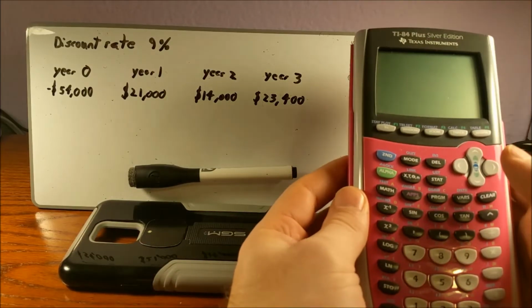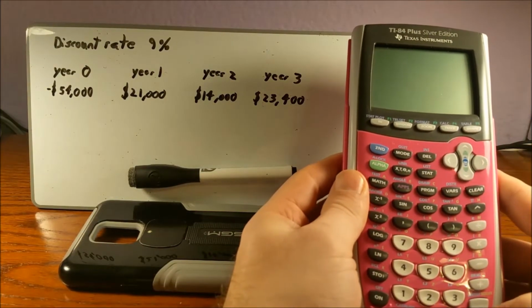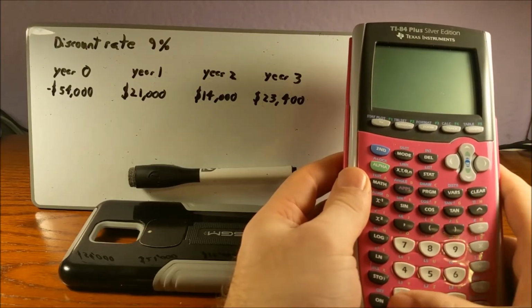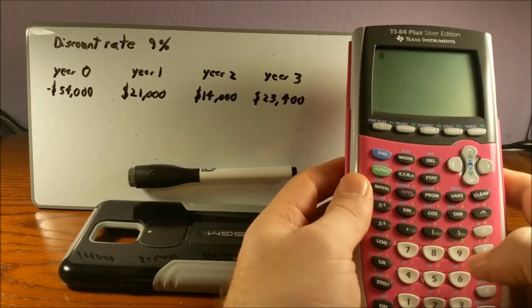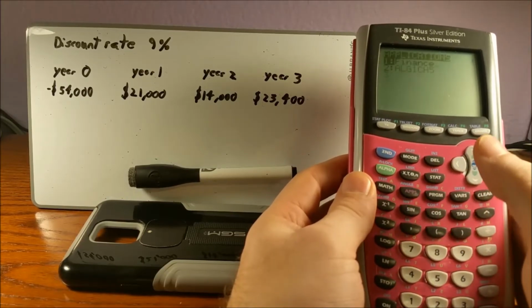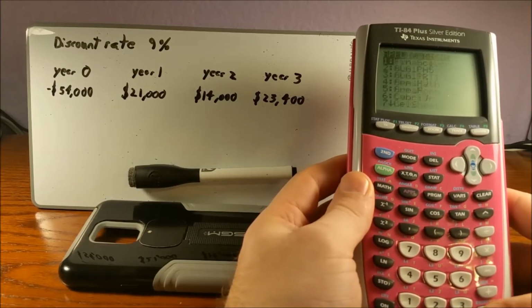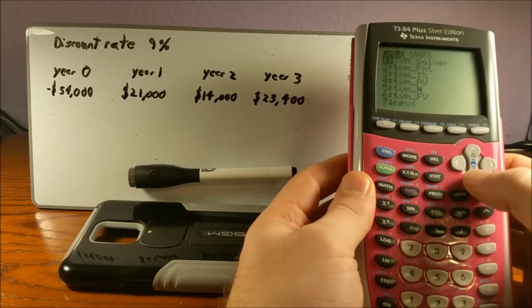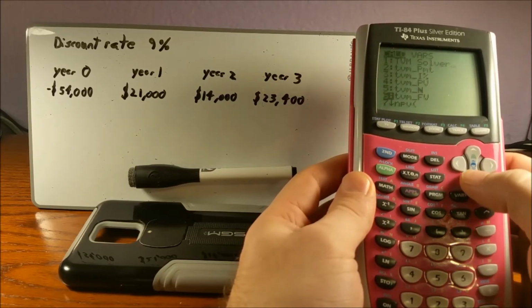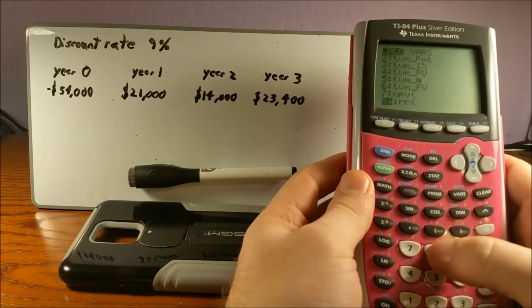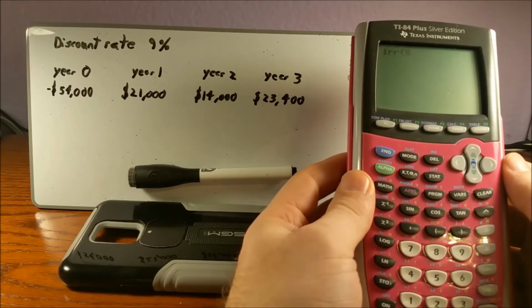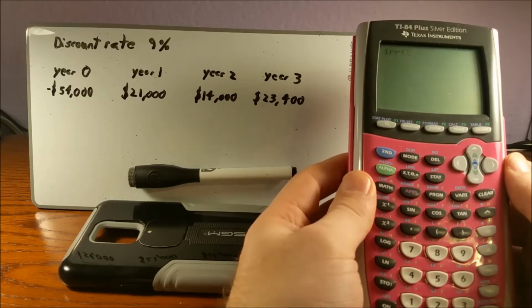Let's grab our calculator here, and you'll notice that this is a very similar formula with the exception of the discount rate. So we'll go into our apps and use our finance calculator. Then if you scroll down just past NPV is IRR, we're going to hit 8 on there. And here we are.